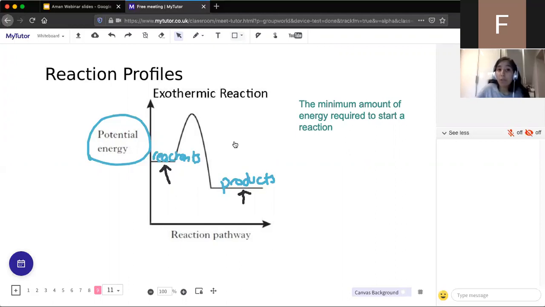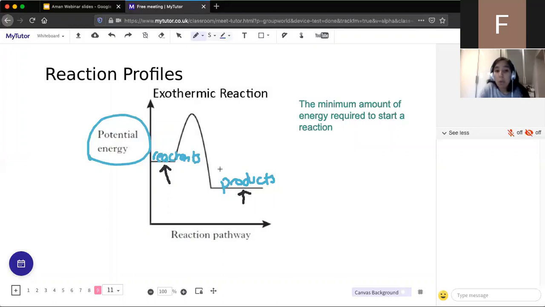On reaction profiles, they will always show that we do need to provide some energy, usually in the form of heat. And when we heat up our reactants, they will then react. And that heat that we supply is called the activation energy. But obviously we can supply more, and therefore the activation energy is the minimum amount of energy that needs to be supplied to allow those reactants to react. So that's what the activation energy is.